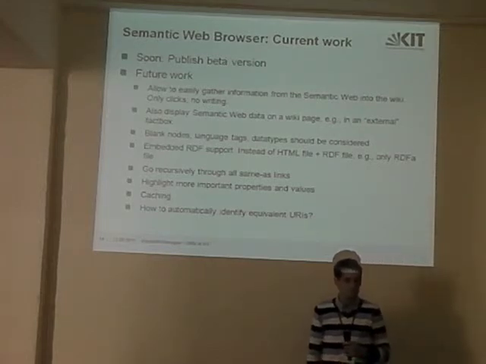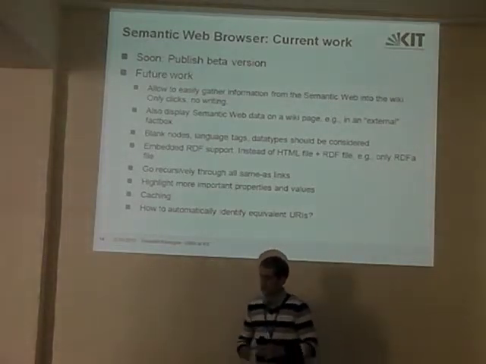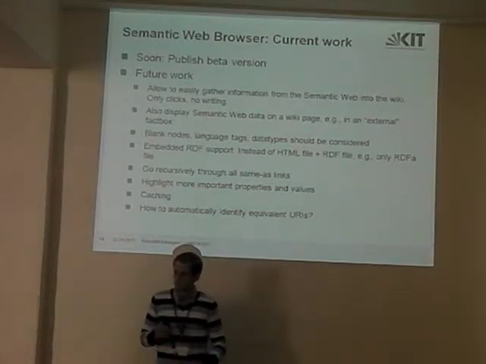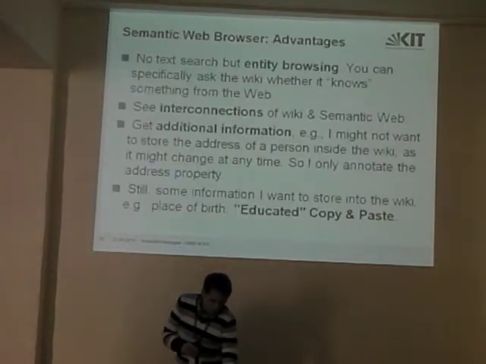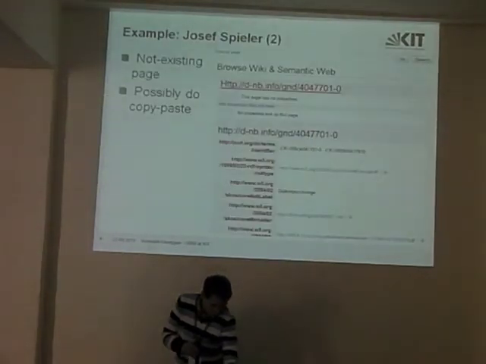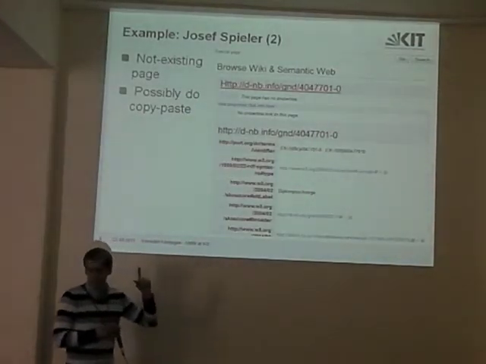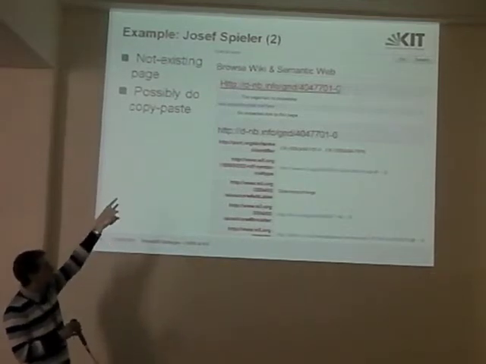So you don't claim to create your own URIs for these cases? So when I'm in the Semantic Web Browser, and the value is a URI that has no equivalent in the wiki or vice versa, when I click on this URI, what happens? Then you see the URI in the Semantic Web Browser. Yes, okay, so you see the URI.